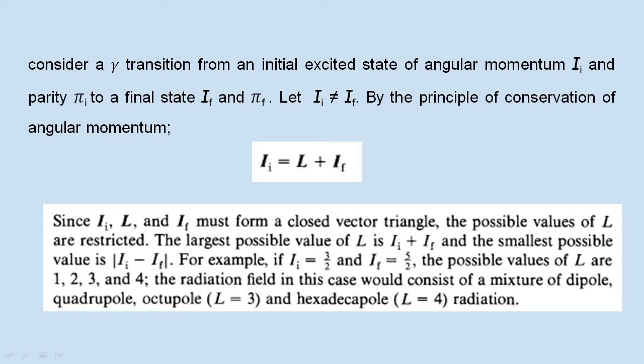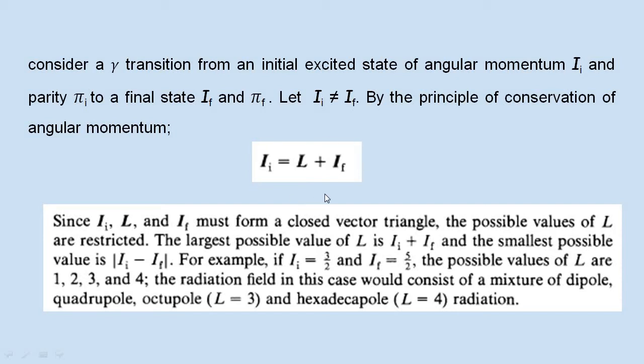Now consider a gamma transition from an initial excited state of angular momentum I, the total angular momentum of the nucleus, or sometimes the spin of the nucleus, and parity pi I, to a final state I_F with parity pi F. Initially assume that I is not equal to I_F. By the principle of conservation of angular momentum, you can write I as L plus I_F.